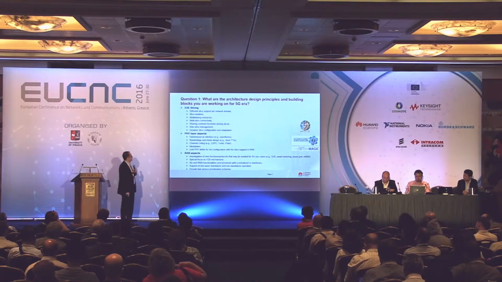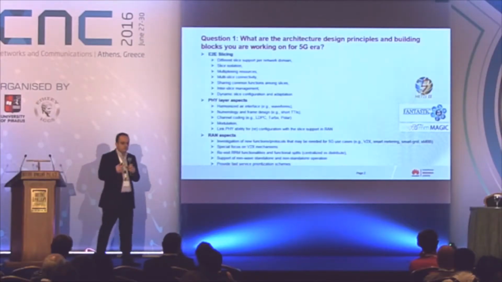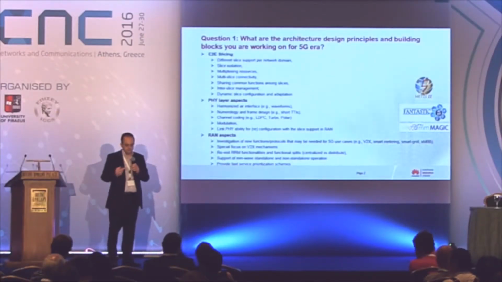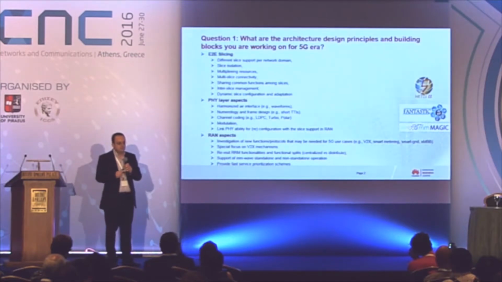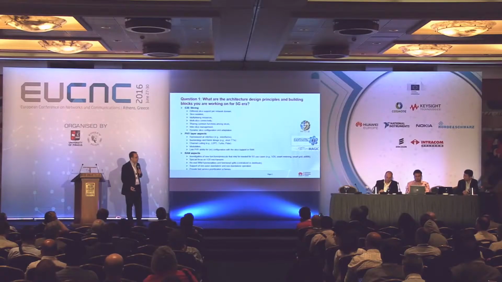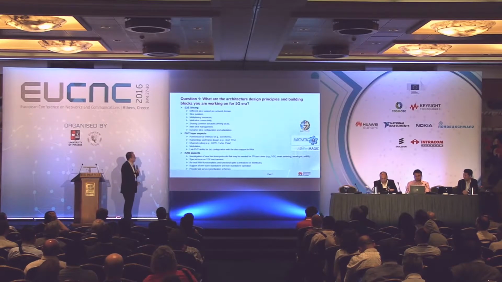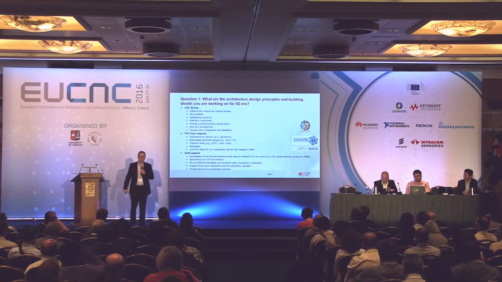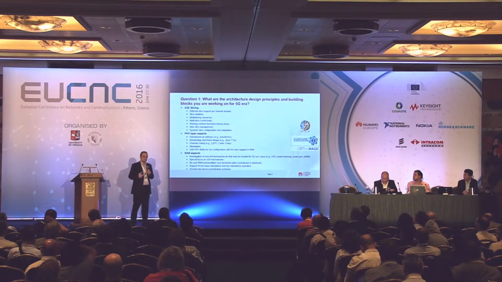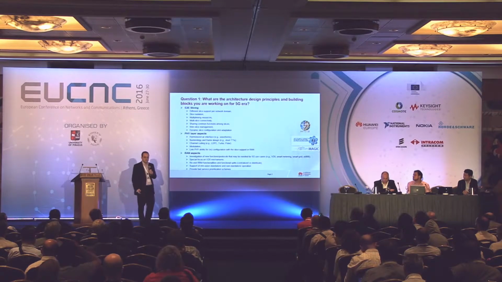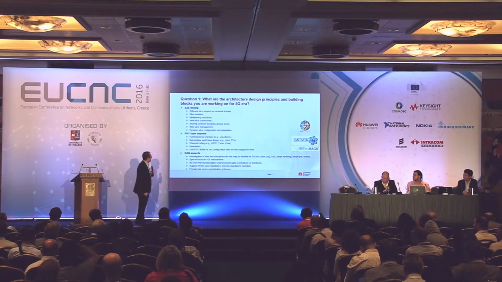That's another interesting question. If you deploy multiple slices, do you need to cater for inter-slice management or not? And what exactly does it mean? And how can we have dynamic slice configuration, adaptation, and management? Because one of the targets is that we want to offer new businesses, we want to minimize the deployment time of new services for the customers, etc.